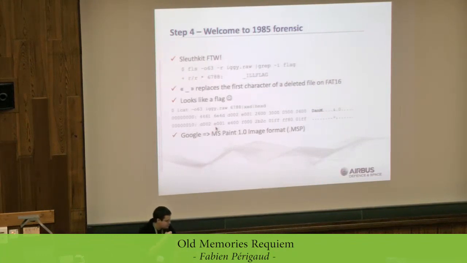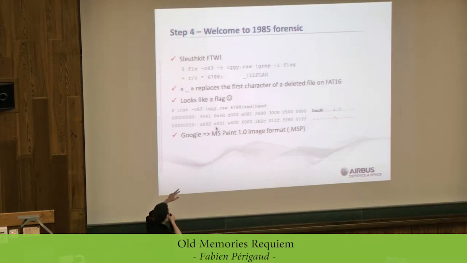If we start looking at the image, we find quickly a file which has been deleted. In FAT16, the first character of the file name is replaced by an underscore when the file is deleted. Given the name, it looks like a flag, so we can extract it, then look at the file header.